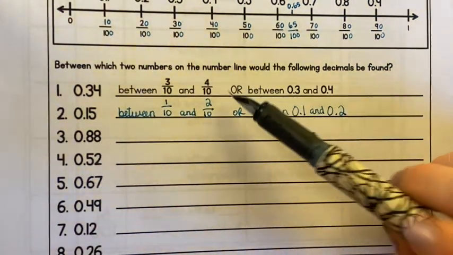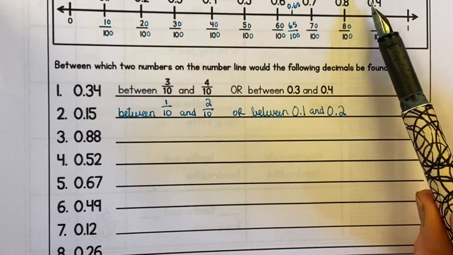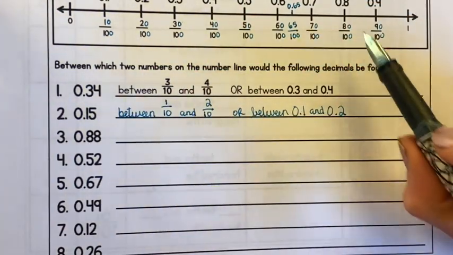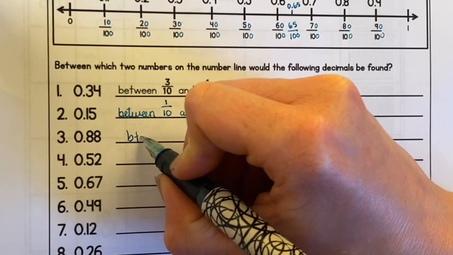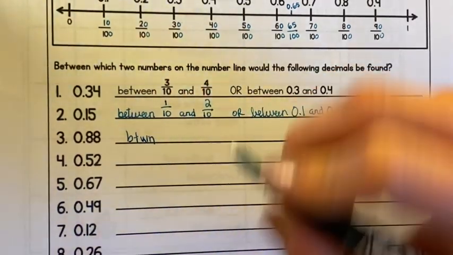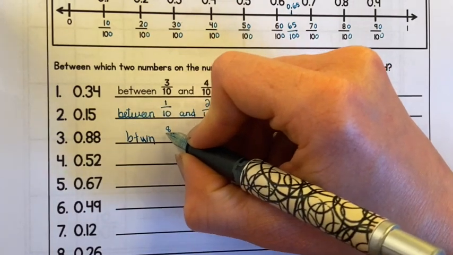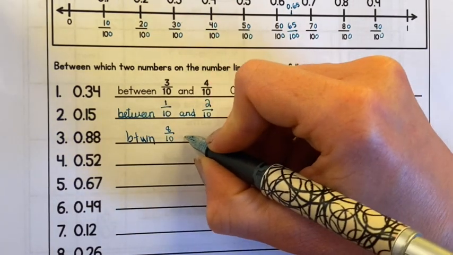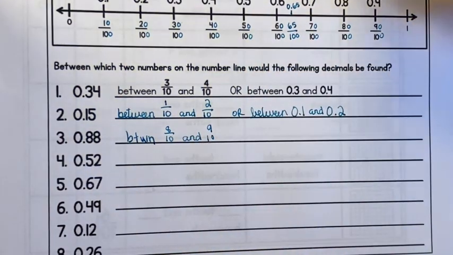Okay, the next one's 0.88. So I go to 0.8. It's going to be in between 0.8 and 0.9, which is 8 tenths and 9 tenths. I'm doing it shortened, and I'm going to write 8 tenths and 9 tenths, because it would be right here. 0.88 would be right there.